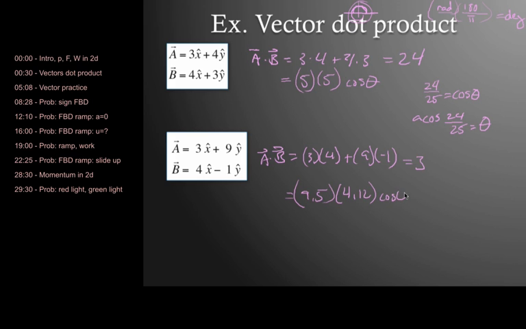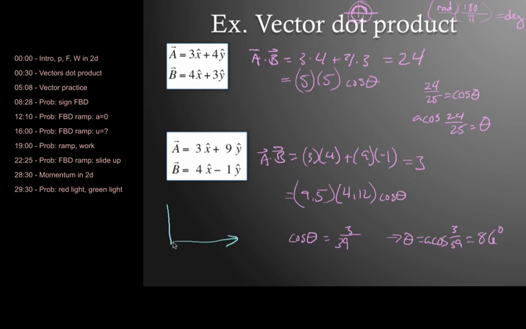And then that's times cosine theta. So solving for cosine theta, you'll see that this is equal to 3 over 39. And so then theta is going to be the arc cosine of this 3 over 39, or about 86 degrees.